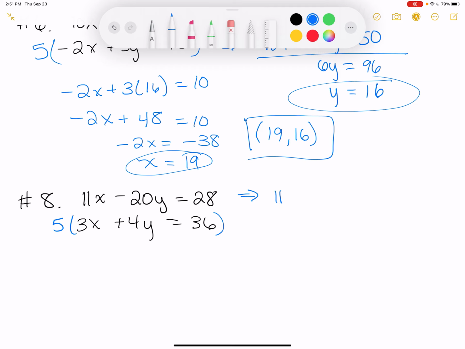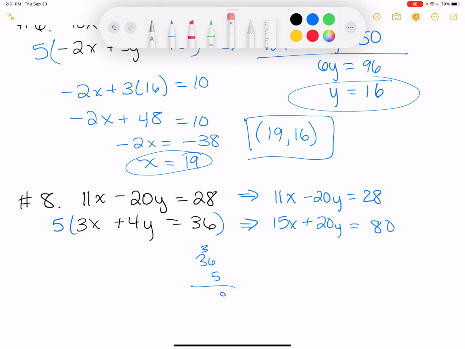All right, so copy over the top one. And then we're going to multiply the bottom one. So 15x plus 20y is equal to... That doesn't look right. 15 and 3, 180.